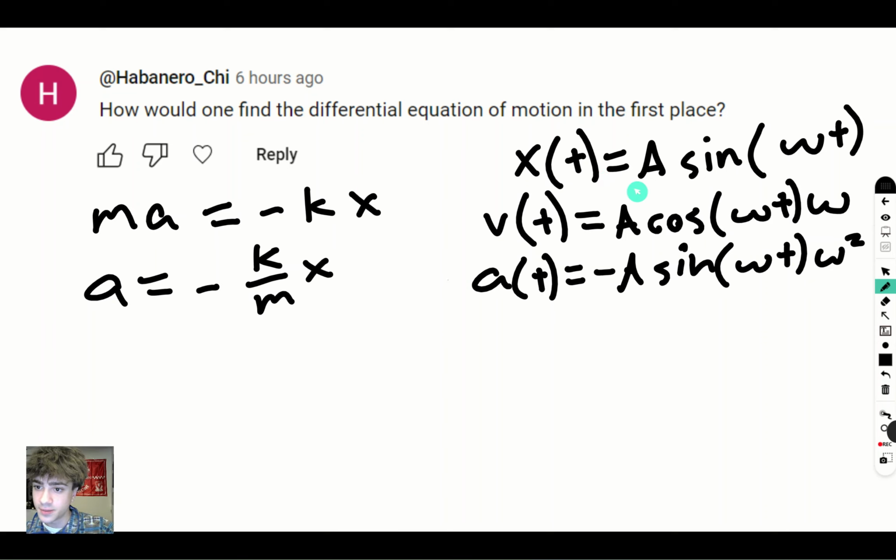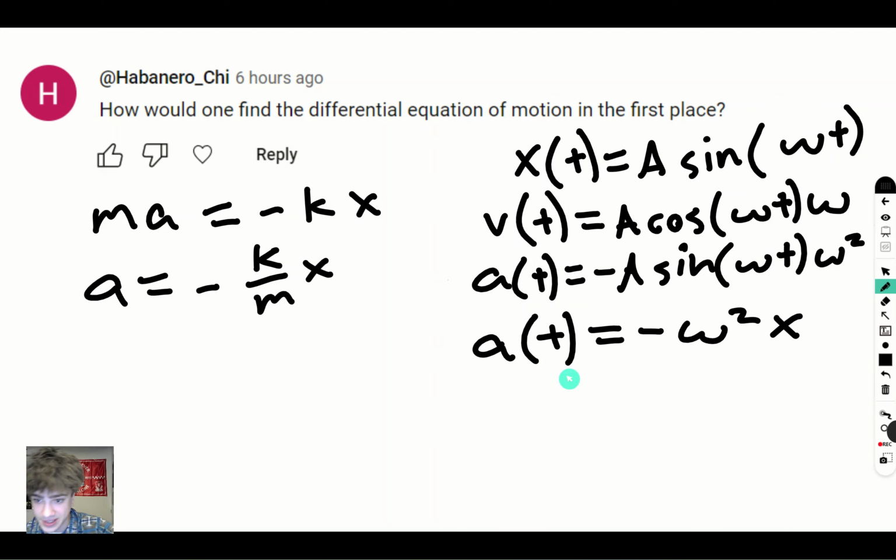As you can see here, our x is A sine omega t, and we have A sine omega t at the bottom here. So of course we can just swap out this A sine omega t with x, and that will give us a of negative omega squared times x.